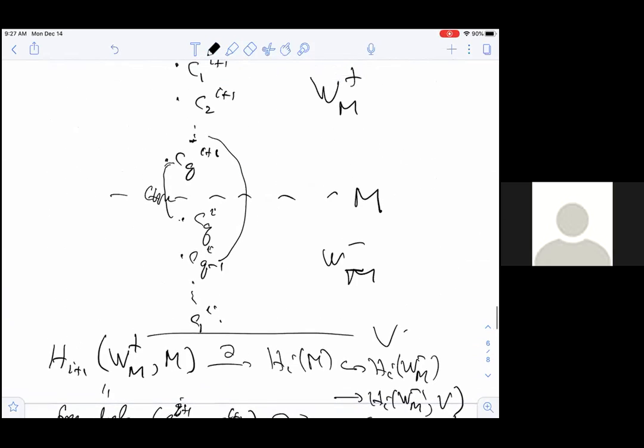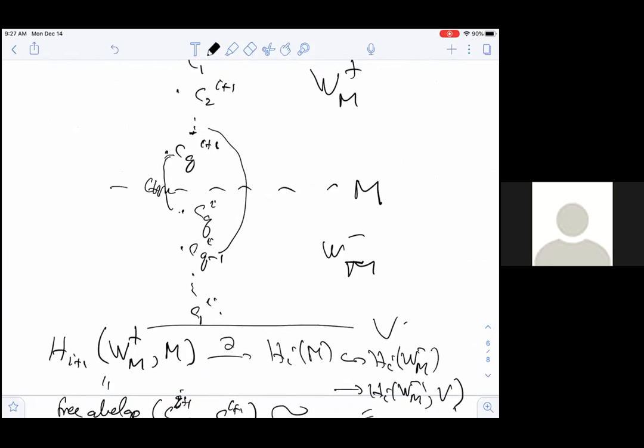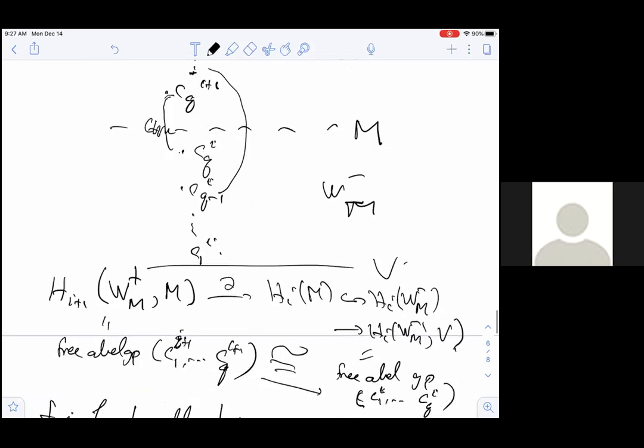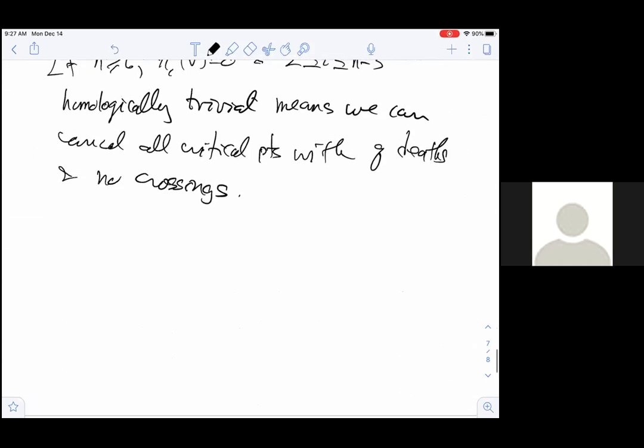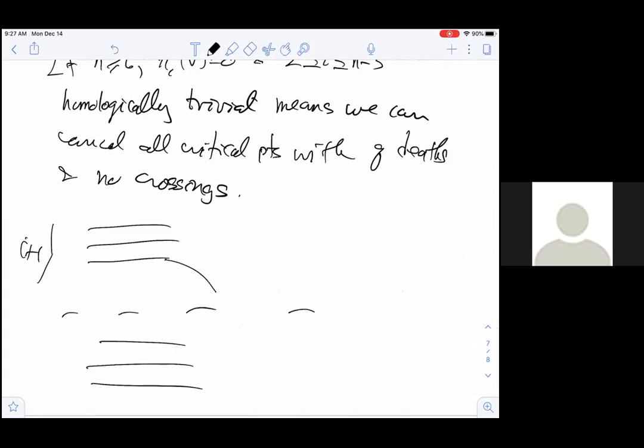So we start off: the bottom critical point of index i+1 annihilates the top critical point of index i. If I think about my diagram, I have my path, with these things of index i+1 and these things of index i. The bottom one here cancels the top one here. Those are now gone, and the homological condition between these two is satisfied because you've gotten rid of the indeterminacy that you had to worry about.